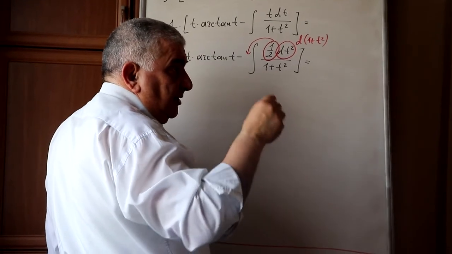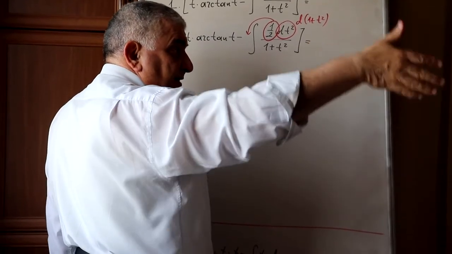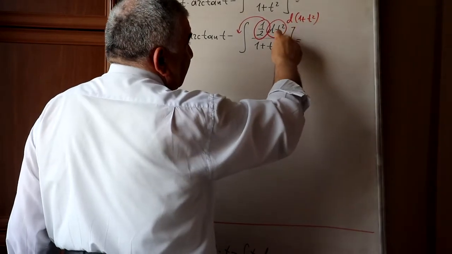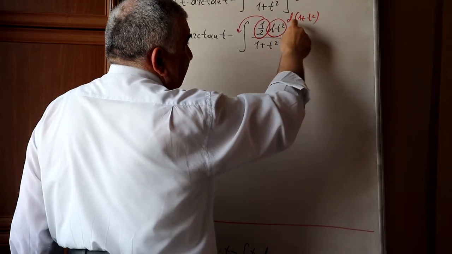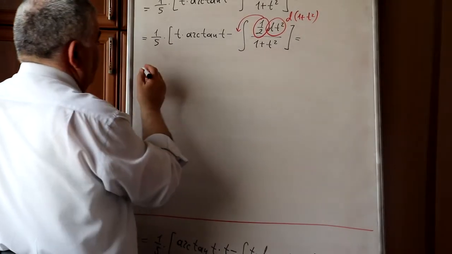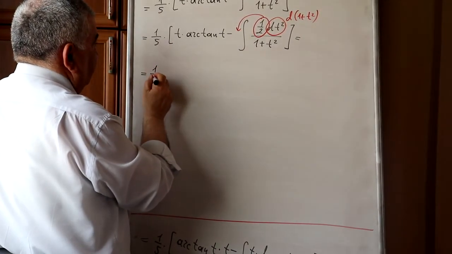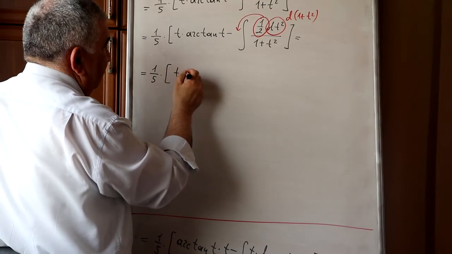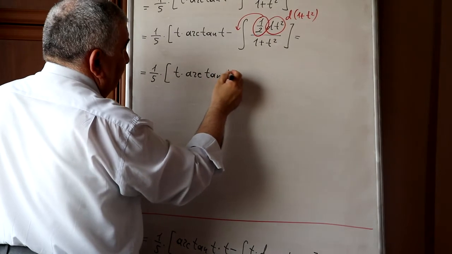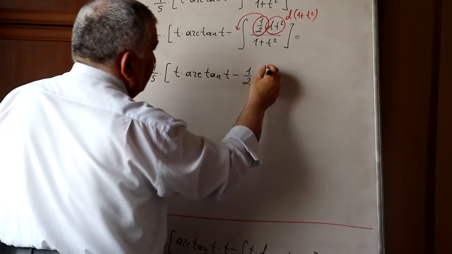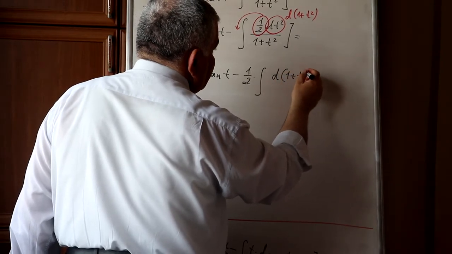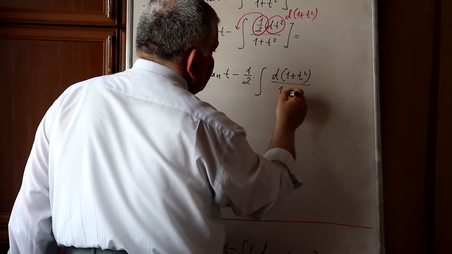The differential of a constant value is the derivative of the constant multiplied by dt, and the derivative of a constant is 0. Therefore we can write d of 1 plus t squared instead of dt squared.